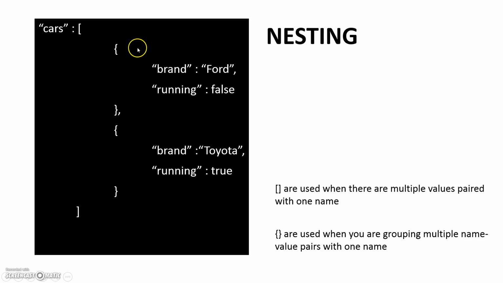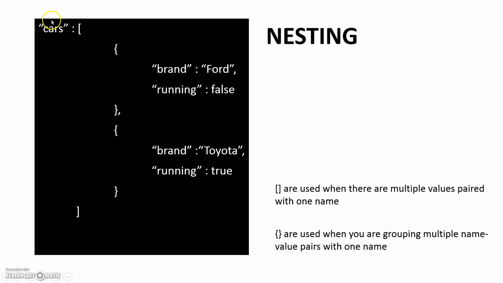We can think of everything inside these curly braces as just one value. So we have two values grouped with the name cars, and inside each of these values, we have two name-value pairs.